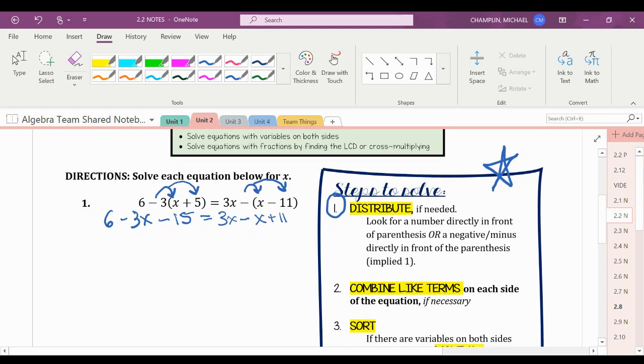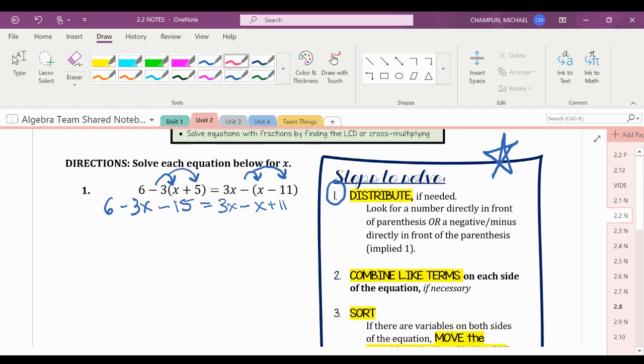All right, well, what's the next step say? The next step says let's combine like terms. And to combine like terms, we're going to look on each side of the equation. And I notice on the left side, I have a 6 and a negative 15 and a negative 3x. Well, 6 and negative 15 can add together, which equals 6 minus 15 is negative 9.